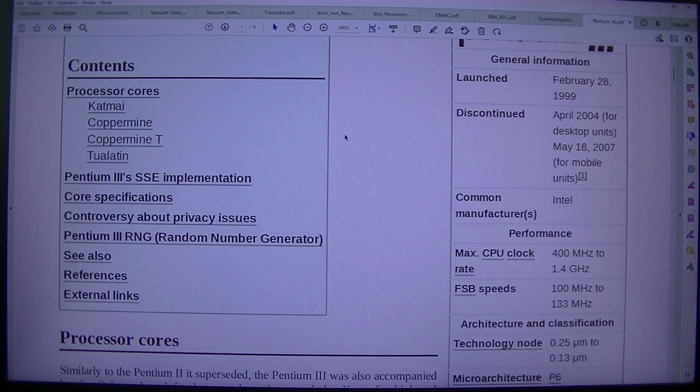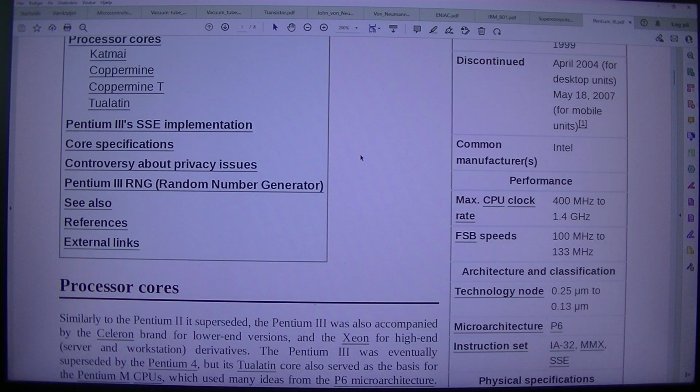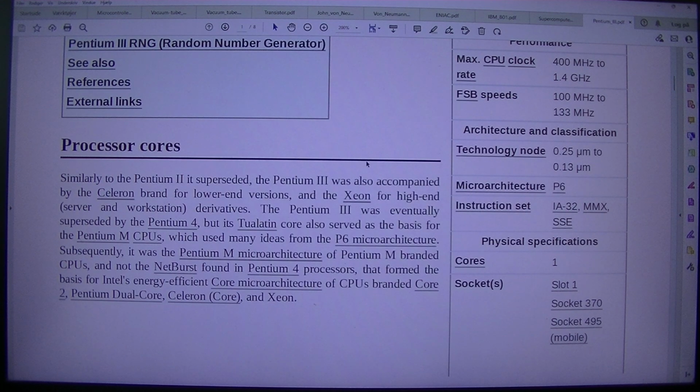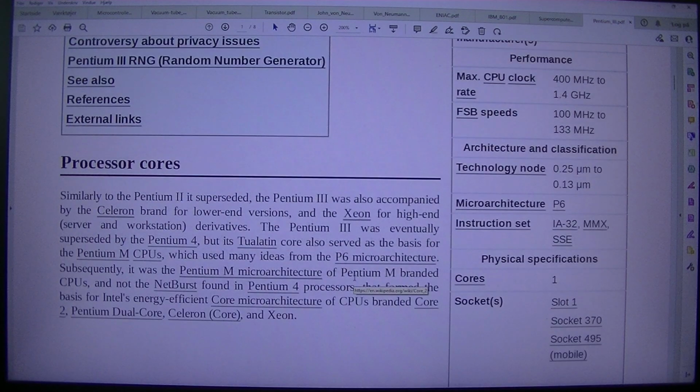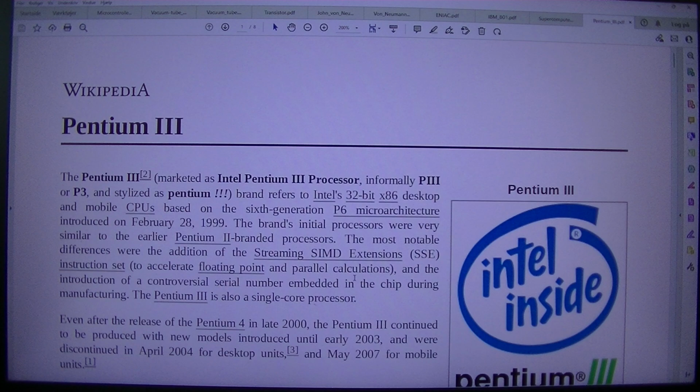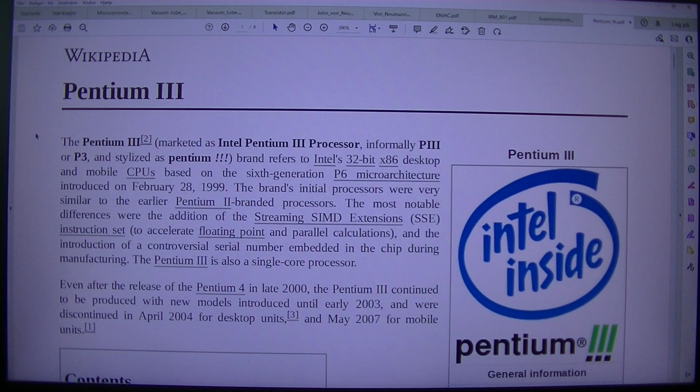Performance: max CPU clock rate 400 MHz to 1.4 GHz, FSB speeds 100 MHz to 133 MHz. Architecture and classification: technology node 0.25 µm to 0.13 µm, microarchitecture P6, instruction set IA-32, MMX, SSE. Physical specifications: cores 1, sockets Slot 1, Socket 370, Socket 479 mobile.